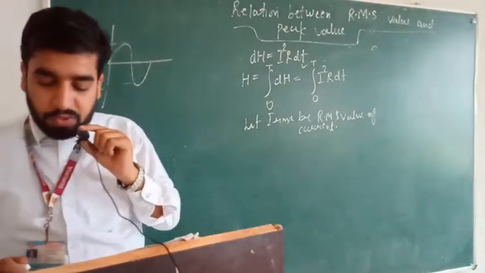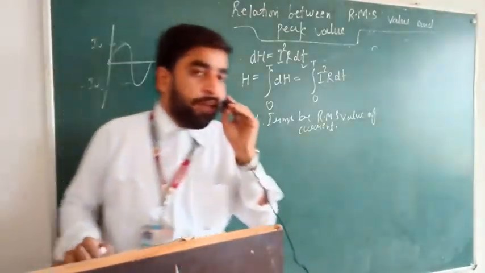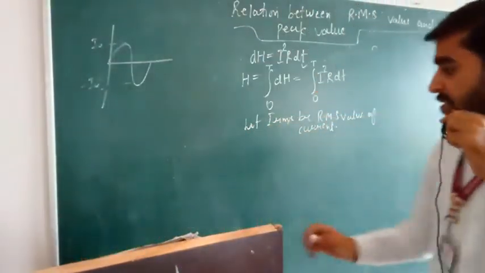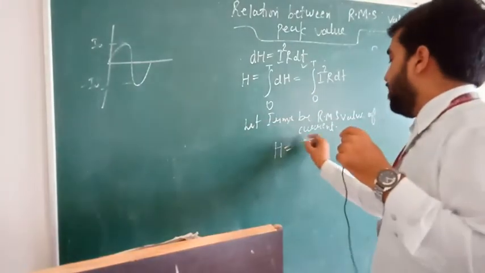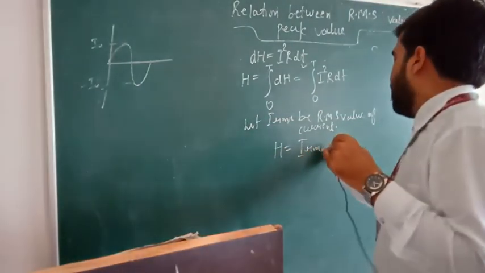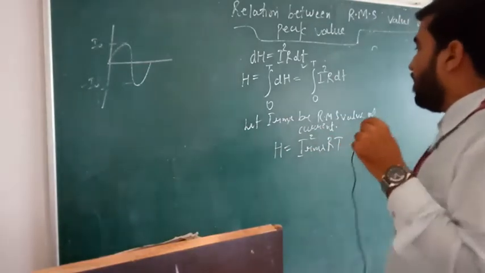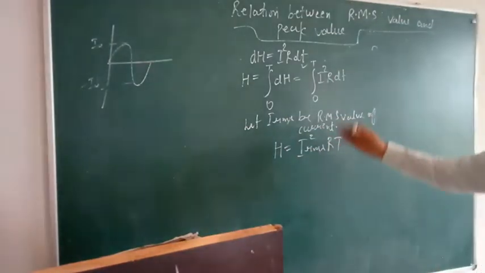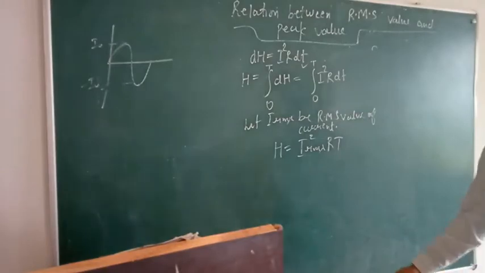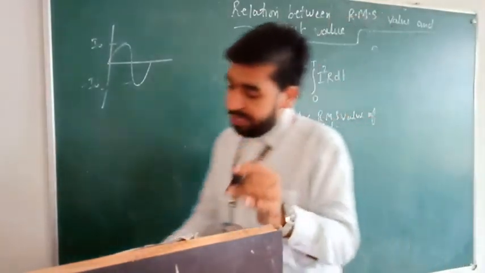Then how will we calculate the heat? The heat formula will be H equal to I RMS square RT. Firstly we calculated it for a DC. Now we have calculated the amount of heat for the RMS value of current.